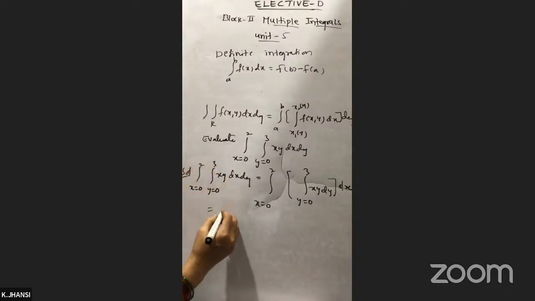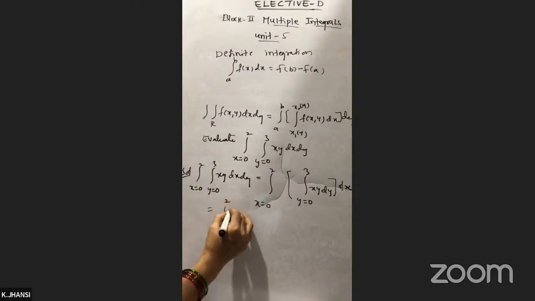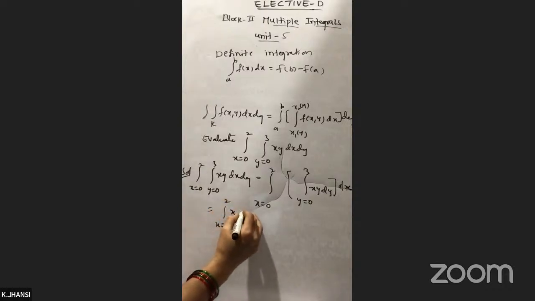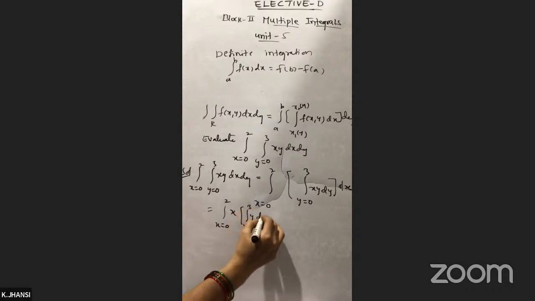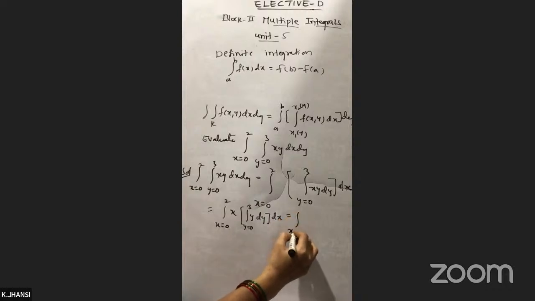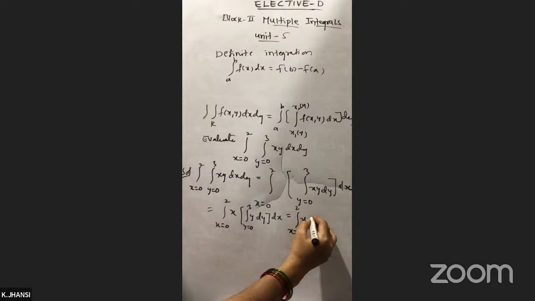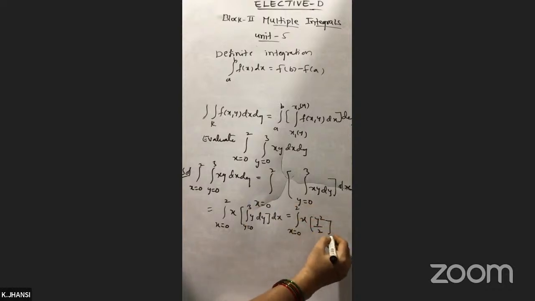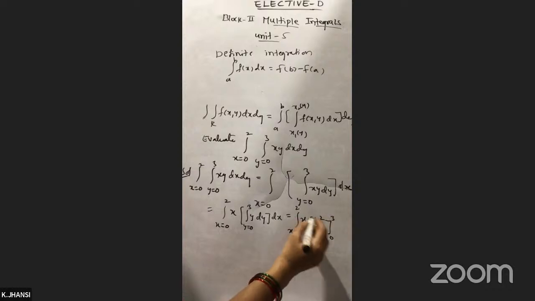So it is the integral from x equals 0 to 2 of x, taking x as a constant, times the integral of y from 0 to 3 dy, dx. The integral of y is y square by 2 with limits 0 to 3.